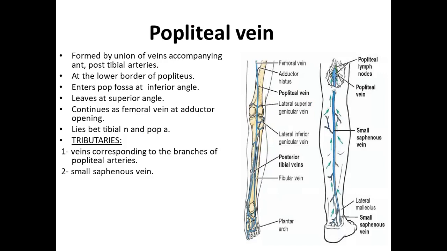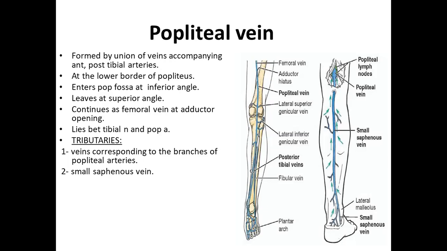Now, another content which we discussed here was the popliteal vein. The popliteal vein is formed by the union of the veins accompanying the anterior and the posterior tibial arteries. It is formed at the lower border of the popliteus muscle. It enters the popliteal fossa at the inferior angle and leaves at the superior angle to continue as the femoral vein at the adductor hiatus.